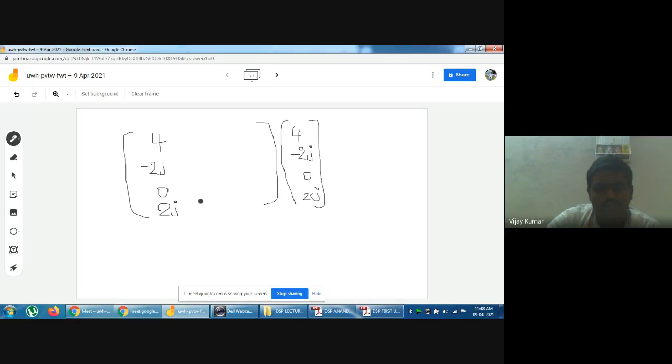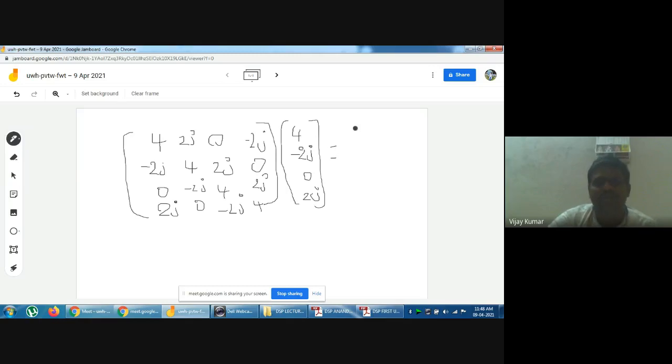So you know how to form the matrix. You need to shift 2j here: 2j, 4, minus 2j, 0. Again shift: 0, 2j, 4, minus 2j. Again shift: minus 2j, 0, 2j, 4. So you need to do 3 shifts like this. In the 4th shift, you will get the original sequence again.